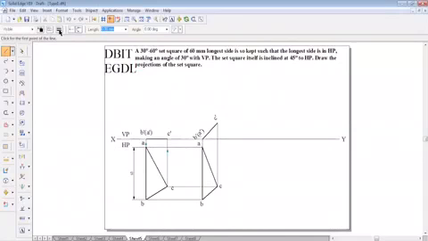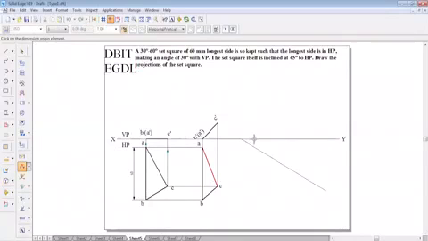Go to the line command, using a thin line, draw a line so that it makes an angle of 30 degrees to VP. So this is making an angle of 30 degrees. In the second position, this is making an angle of 45 degrees.